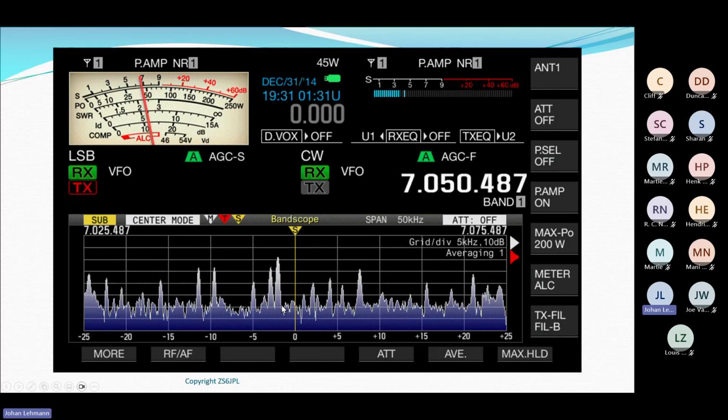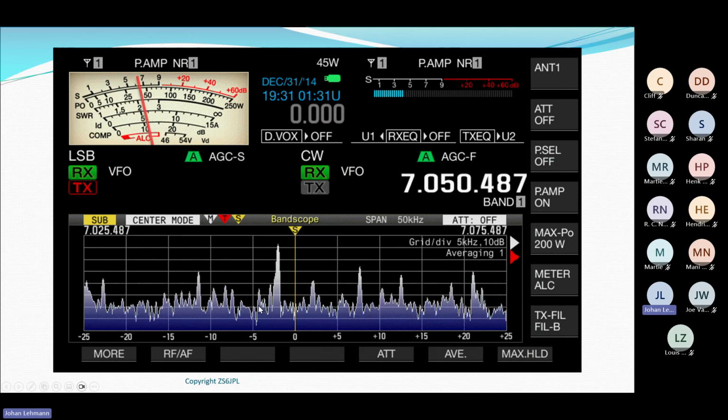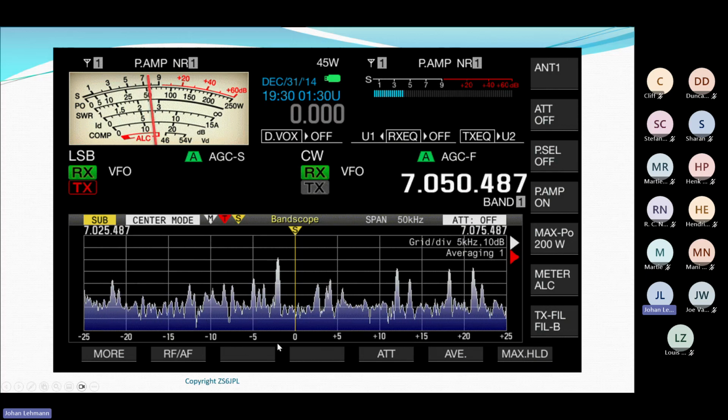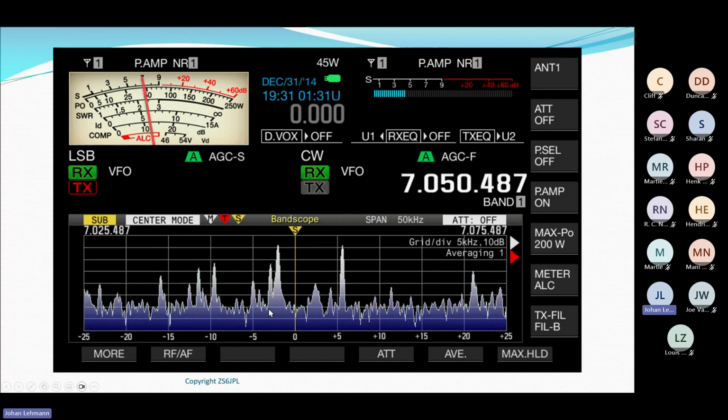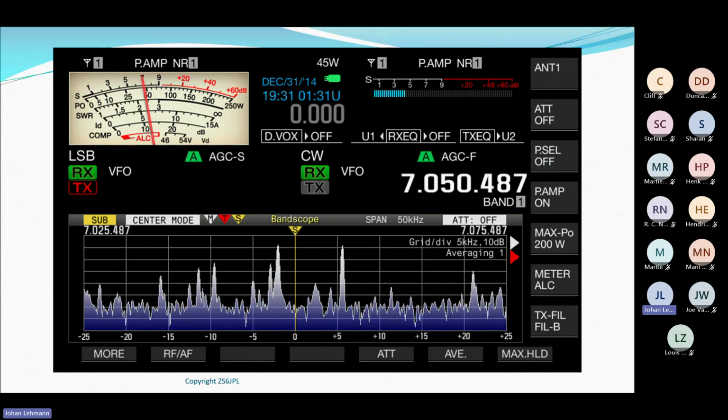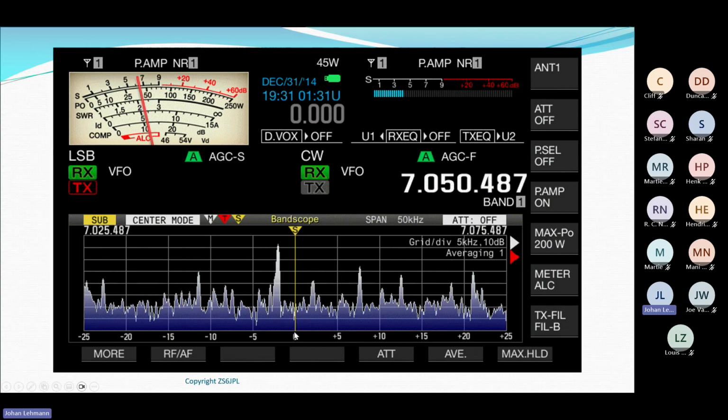So you can see in the lower sideband here, there is an SSB signal that is coming through, but there's also a lot of other noise jumping there as well. But if you look carefully in this block, where my cursor is going, there is a lower sideband signal that is coming through on 7050 megahertz lower sideband, because the yellow line is my carrier frequency of 7050 megahertz.